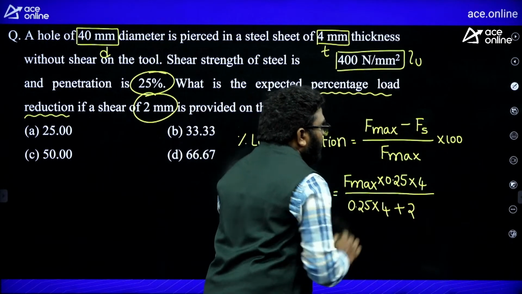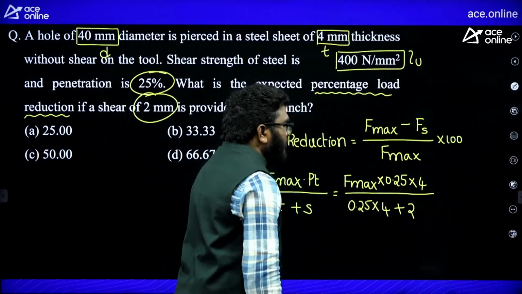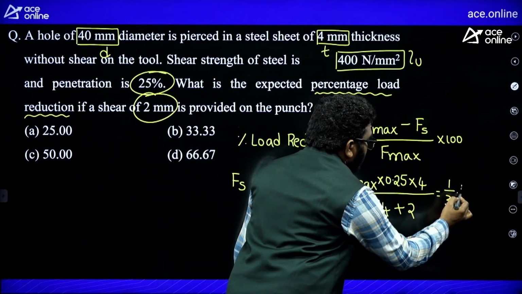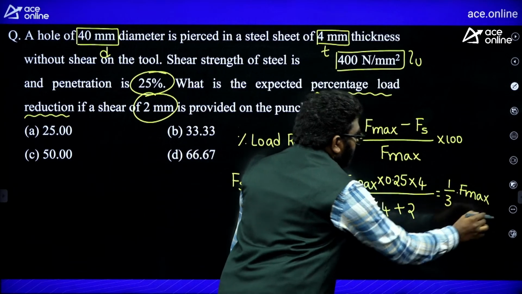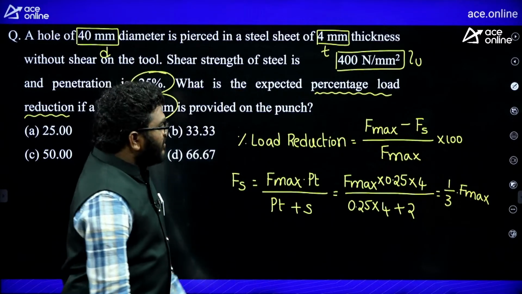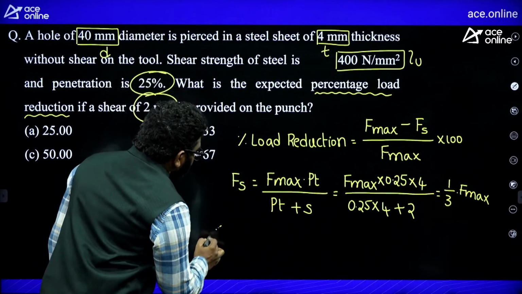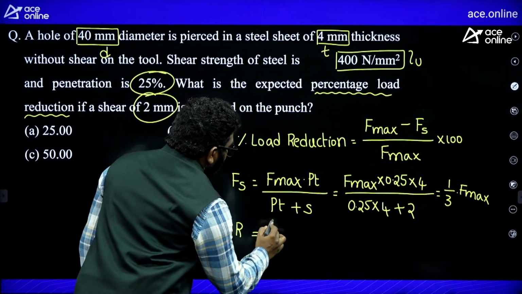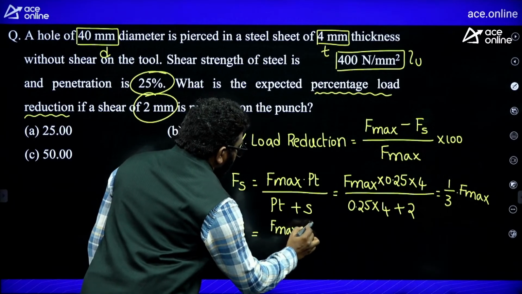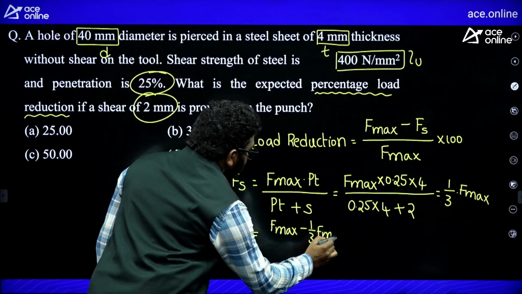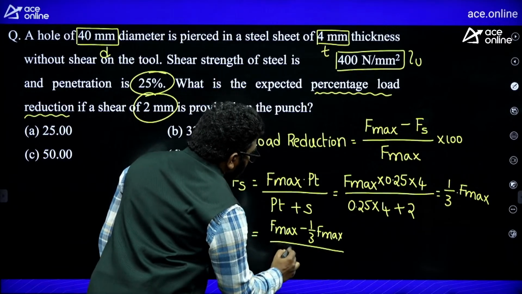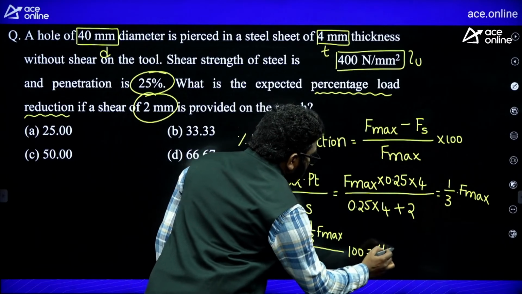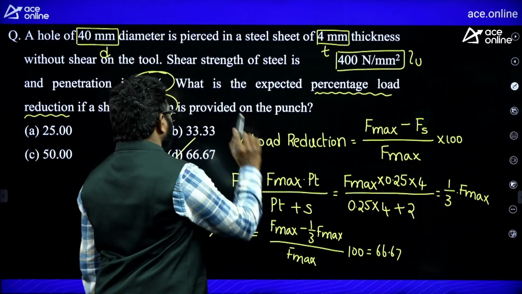So 0.25 into 4 is 1. So 1 by 1 plus 2, 1 by 3 into F max. Now percentage load reduction is equal to F max minus 1 by 3 F max, that is 0.33 F max, by F max into 100. So by solving, 66.67, you will get D is the correct answer.